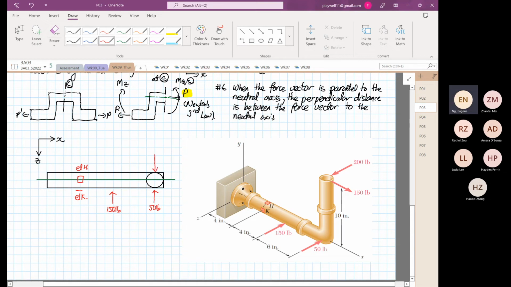Over here, we have 200 pounds, right? And then we have a force pushing here at 150 pounds.